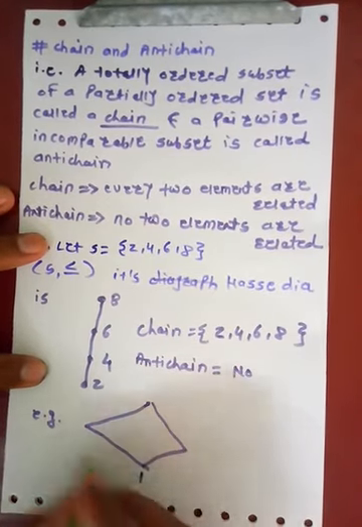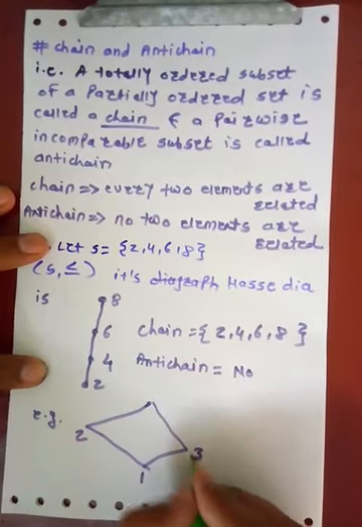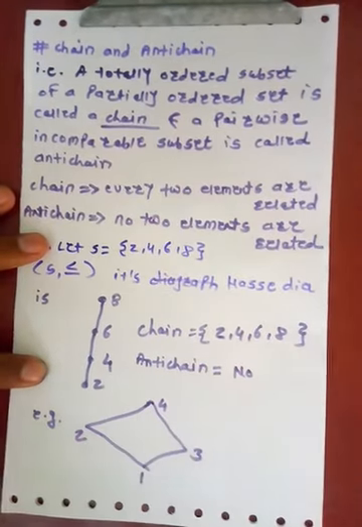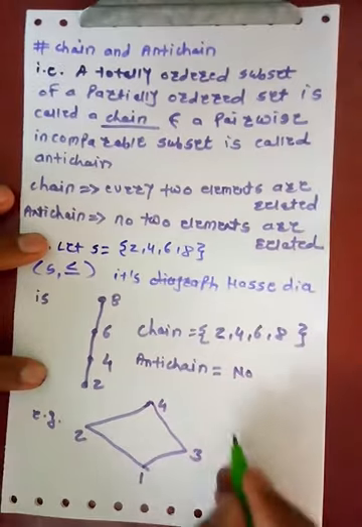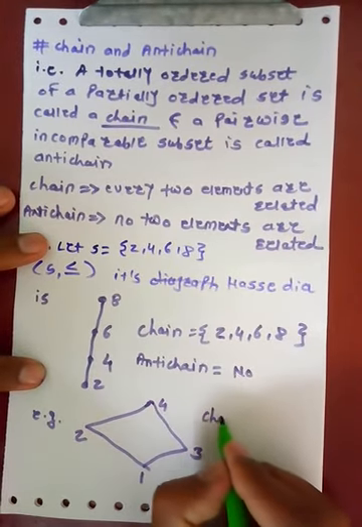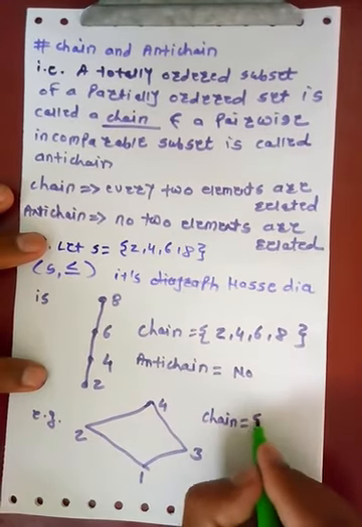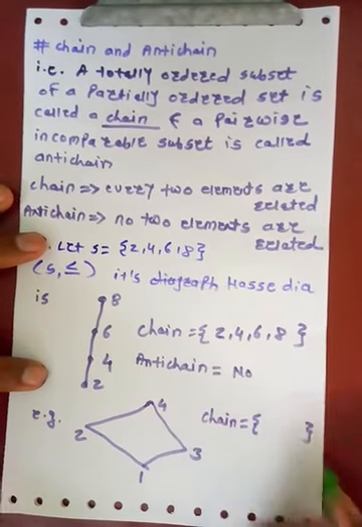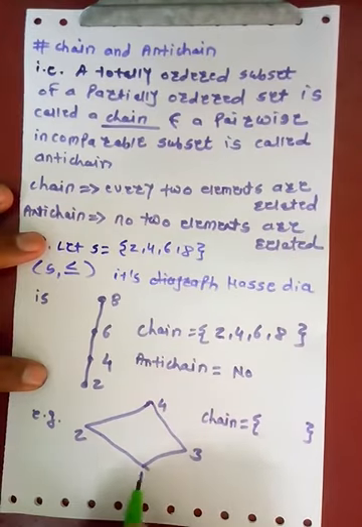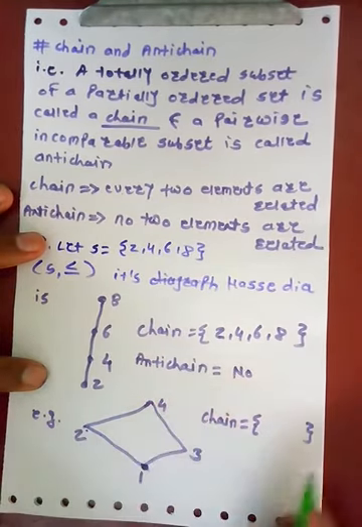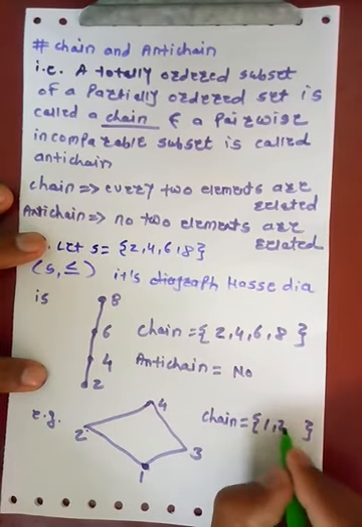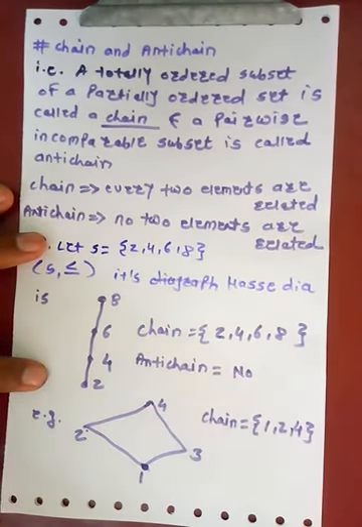Now we can see one more example, the second example, that is 1, 2, 3 and 4, right? In that case, what is the chain? The chain is again represented by a set of related elements, that is 1, 2, 4. So 1, 2, 4 is a chain.